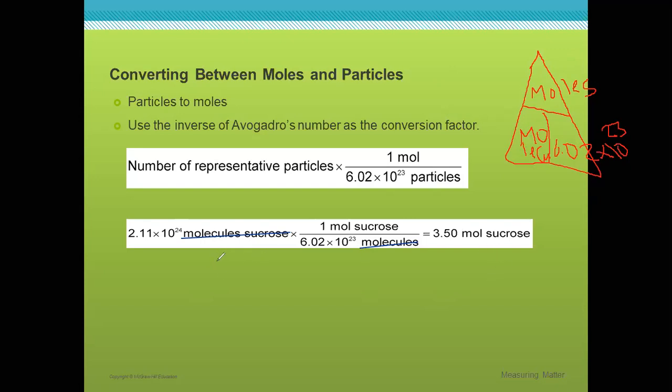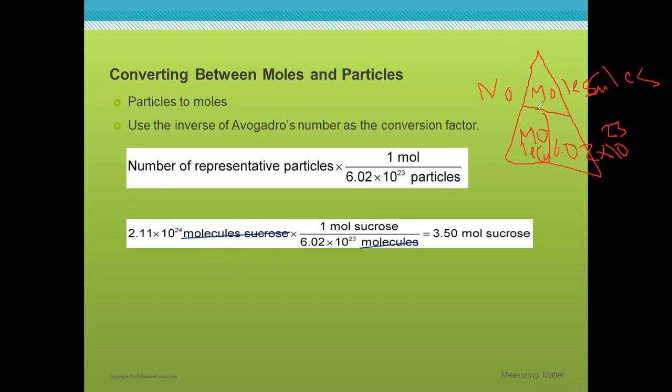So number of moles equals number of molecules divided by Avogadro's number, and vice versa. This is number of molecules, and this is number of moles.